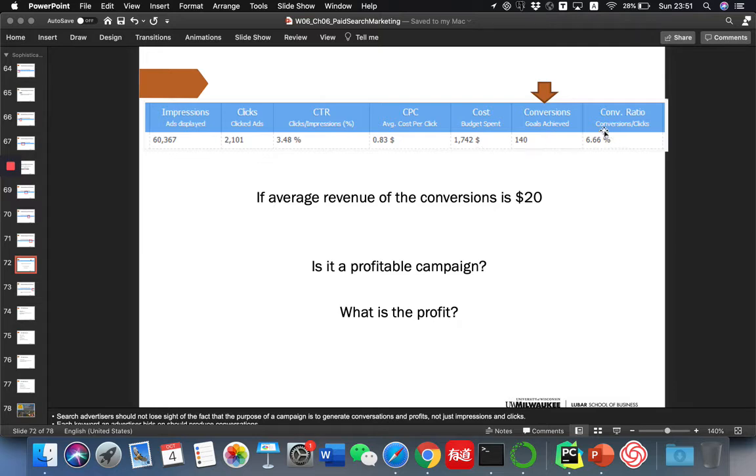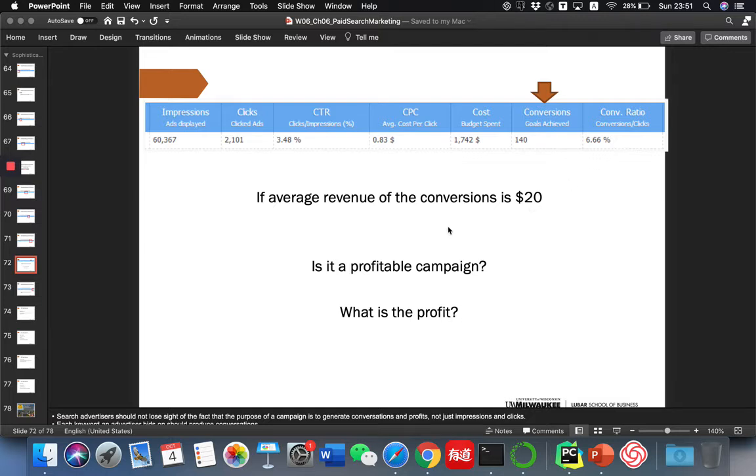We use the number of conversions, 140, divided by the number of clicks, 2,101, and we get 6.66% as the conversion rate.